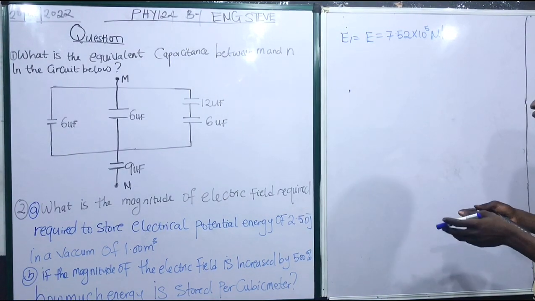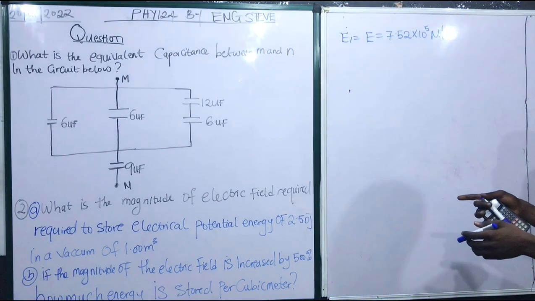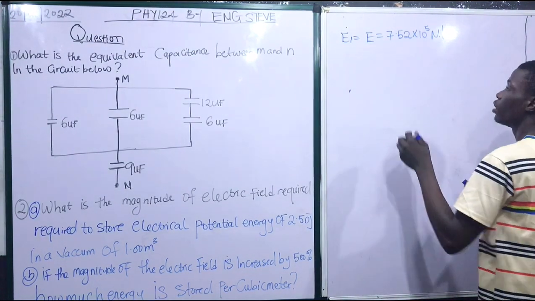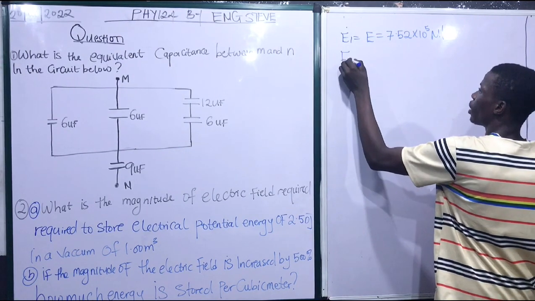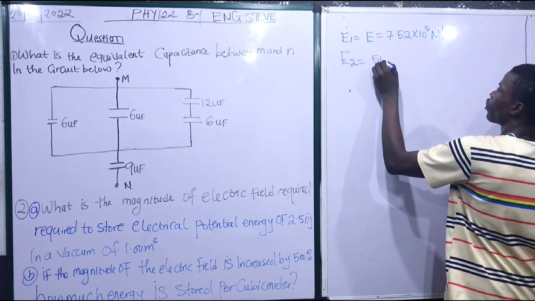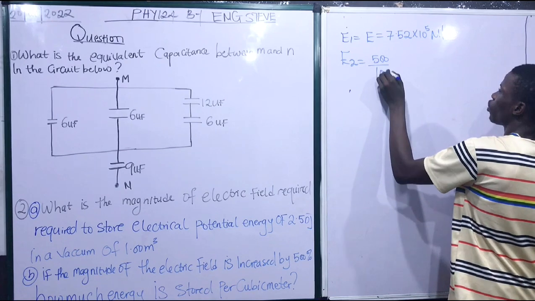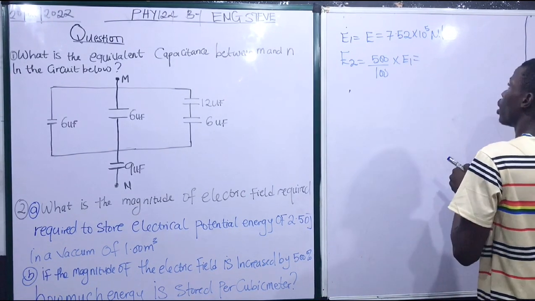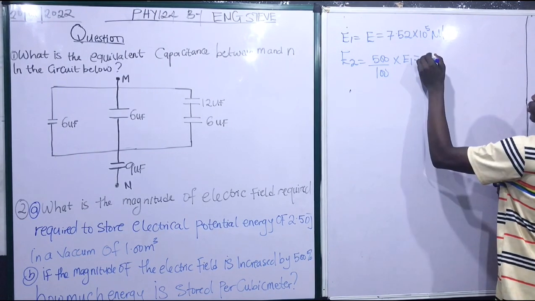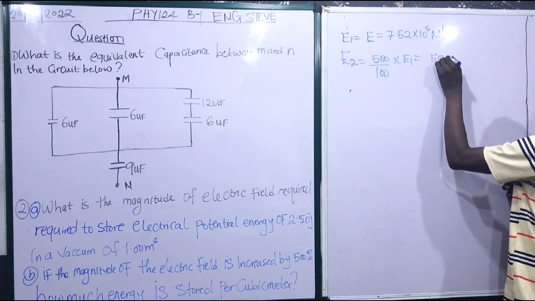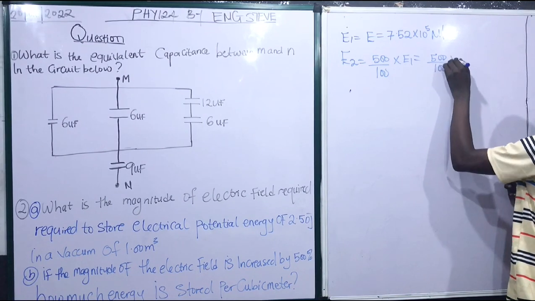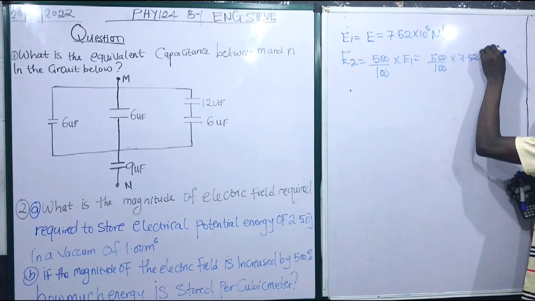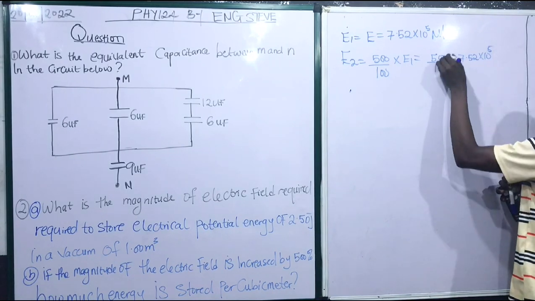They said if the magnitude of the electric field is increased by 500%, that is, our E2 is therefore equal to 500% of our E1, and our E1 is 7.52, so it will now be 500 all over 100 times 7.52 times 10 raised to the power 5. Definitely this will cancel out this.